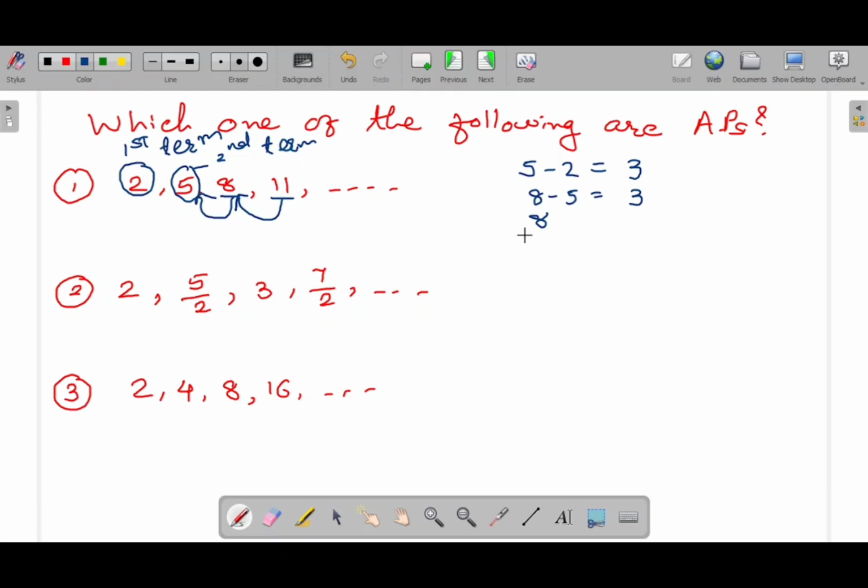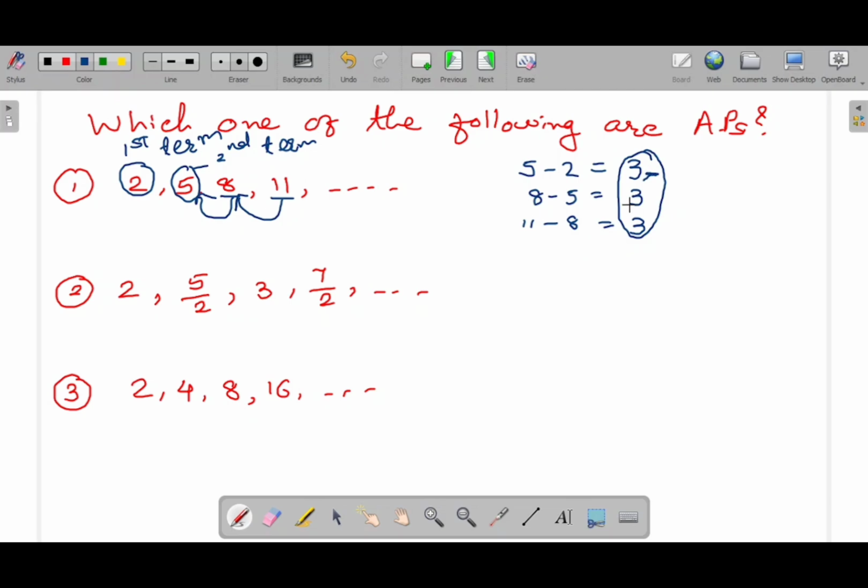If I subtract the third term from the fourth term, then also you will see I'm getting 3. And like this, whatever the numbers, if you subtract the consecutive terms, you get the same answer. This same answer is called the common difference.